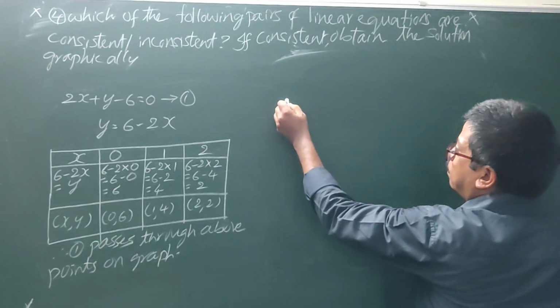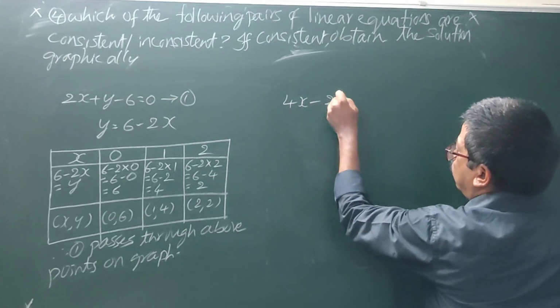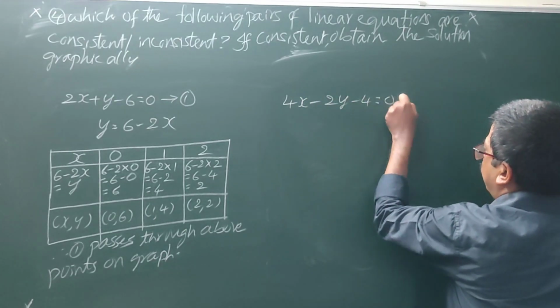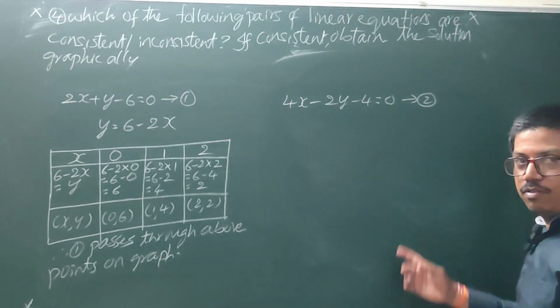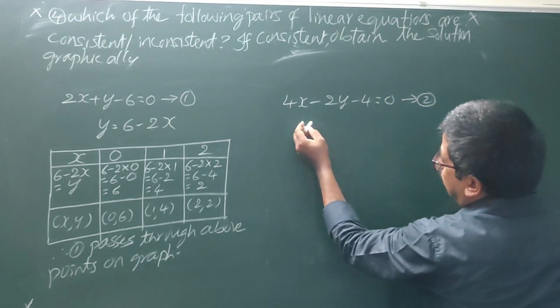Second equation, 4x minus 2y minus 4 equal to 0. Now let us go for the second equation, 4x minus 2y minus 4 equal to 0.